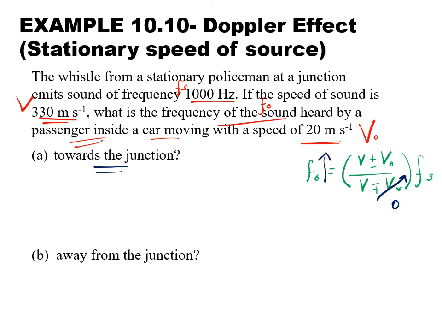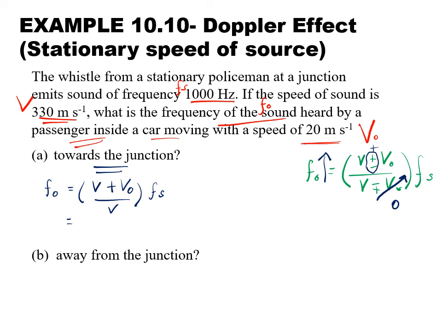If the frequency of observer increases, here you must put positive. So the new equation you will get is F observer equal to V plus V observer divided by V times Fs.